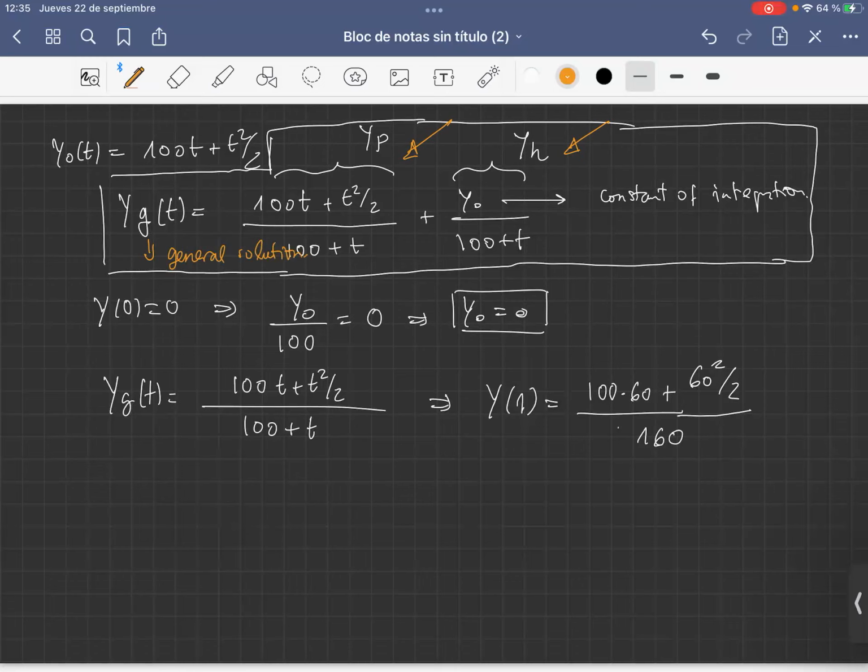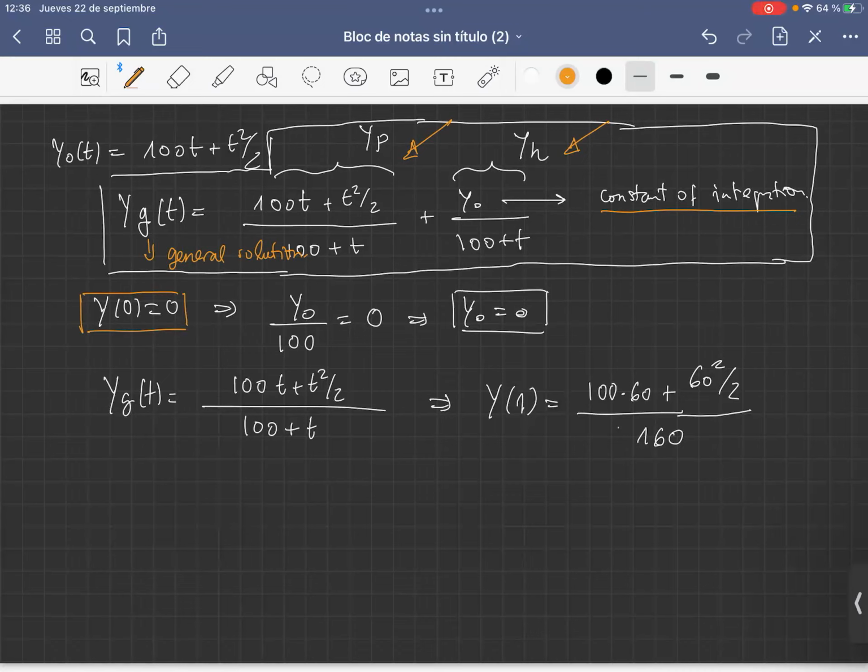So basically what the problem was asking us is what's the concentration of salt in the tank after 1 hour? Well, initially we know the concentration of salt is 0 because we start adding it at time 0. So with this, one should be able to fix the constant of integration, which is obviously only one constant because we depart from a first order differential equation.